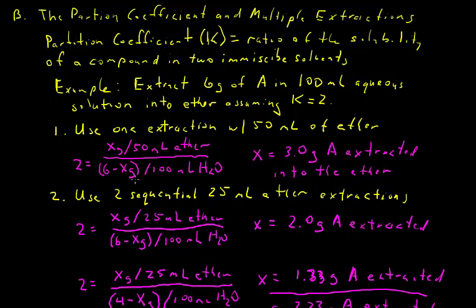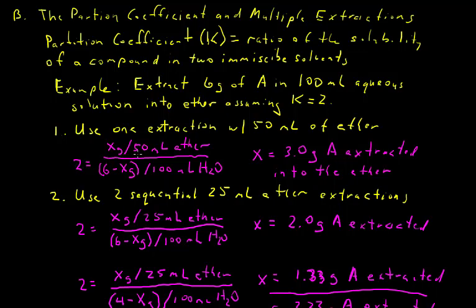We're starting with 6 grams of the compound total in the 100 milliliters of aqueous solution. As we do the extraction, that's being reduced by X, which is being transferred into the ether layer. So that's what this equation is telling us: the solubility of A in ether over the solubility of A in grams per milliliter in the aqueous solution. It's more soluble in ether, which is why this partition coefficient is greater than 1.